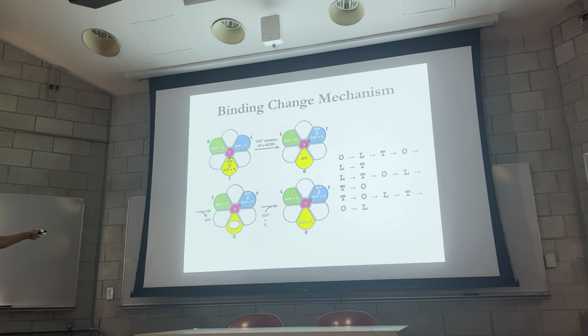What they're showing is the rotation of gamma from here to here, and then again and again. We go from this active site, where it's tight, and rotation of gamma, I guess it's counterclockwise, right? So we ended up here, is now going to change the conformation of this active site from tight to open, enabling ATP to leave.